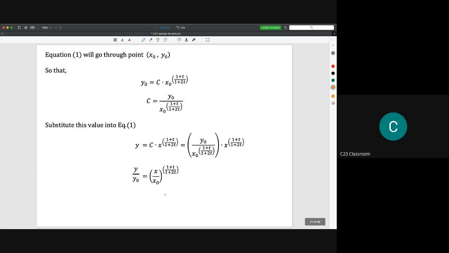The value of this constant can be found by substituting any point on the line, meaning any point on the stream function. For example, we substitute x naught, y naught, so we find that c is equal to this one, and again we substitute the value of c into the common equation, so finally we get this final equation.